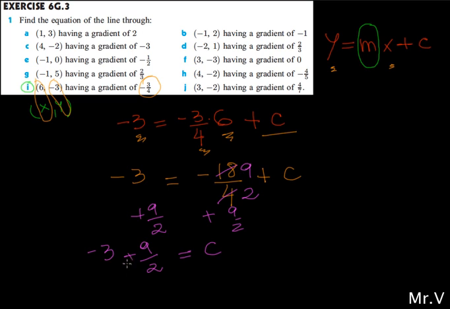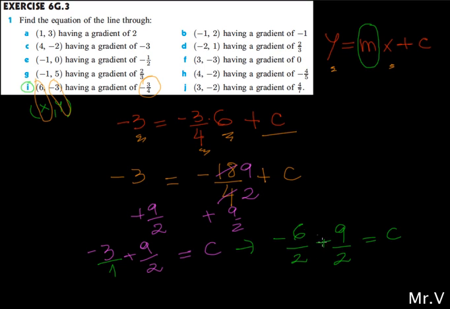I work the left side, which has an addition, because this is a fraction. This number, if you remember, is -3 over 1. So the only way that I can add two fractions is when they have the same denominator. So this one should be -6 over 2, plus 9 over 2 equals c.